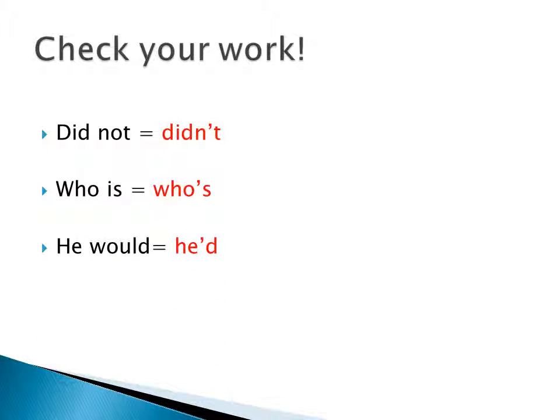He would becomes he'd. The apostrophe here takes the place of almost the whole word would, leaving just the D. I have becomes I've. The apostrophe here takes the place of the H and A in the word have.